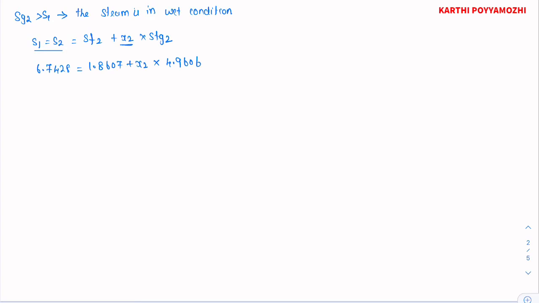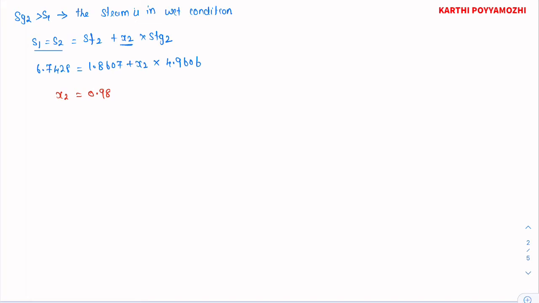Sf2 and Sfg2 are taken from the steam table, and from this the value of X2 is calculated as 0.98.